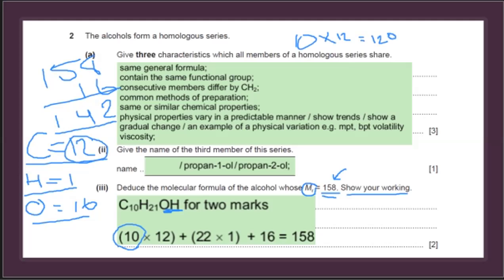And if we have 22 hydrogens, it will be 22 by 1, which is 22. Why 22? If I have 120 and I take that away from 142, I am left with 22.